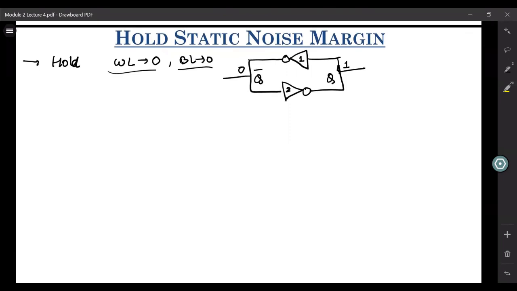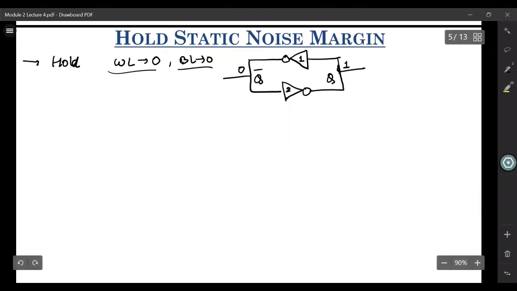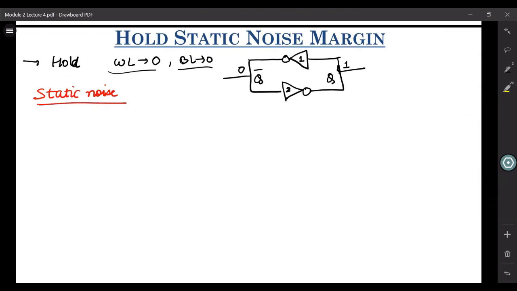So let us look at the static noise. Static noise can be any DC offset. It can be any noise introduced by the power supply.